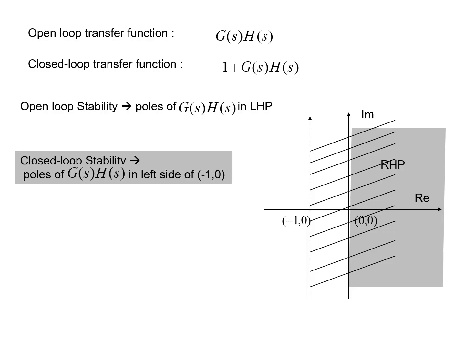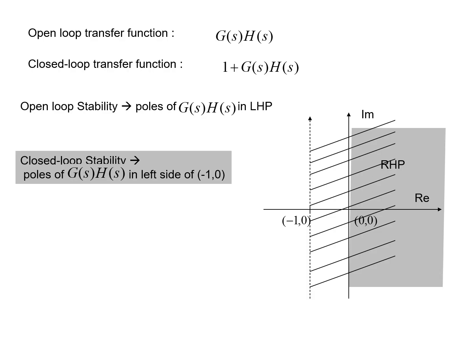Okay, the open loop transfer function is GH per S. The closed loop transfer function is 1 plus GH. The open loop, this is the characteristic equation. For open loop stability, the poles of GH must be in the left hand plane. For closed loop stability, the poles of GH must be to the left side of minus 1.0.